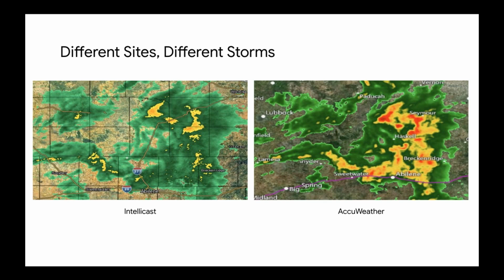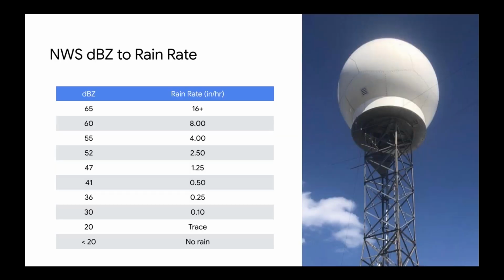But one thing that's interesting is how you decide to present that information is not standardized. The colors that are associated with one storm versus another are up to the choice of the individual weather company. So you can have the same storm, but depending on what weather website you go to, it can look different in terms of severity or what's going to happen.